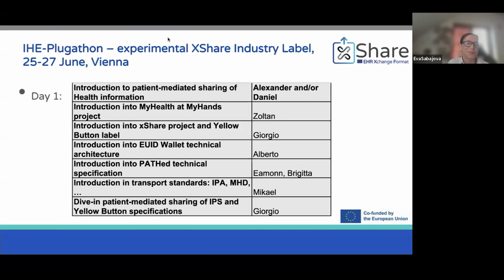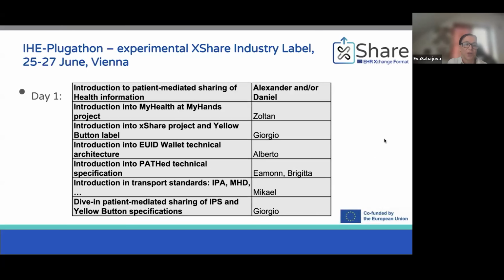Here I also put our daily plans, because the Plugathon was organized over 3 days. The first day was the afternoon program. I wanted to show that it was not only about testing. We had presentations on all other relevant topics and activities for the Plugathon participants. We had a presentation on patient-mediated sharing of health information by Alexander Beller.